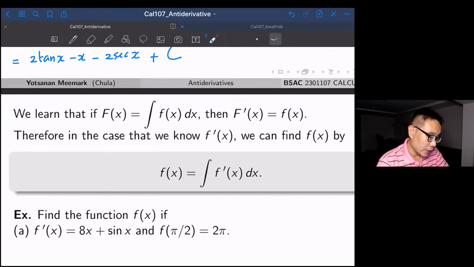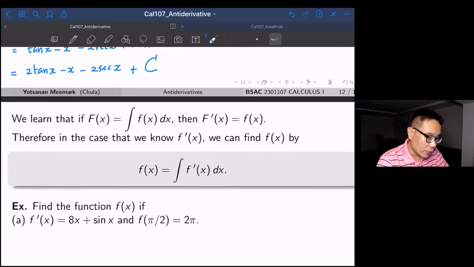However, if we know f prime, okay, if we know f prime and we integrate f prime, we're gonna just recover the function f. So it's like you have integral sign and differentiation sign cancel each other, okay.